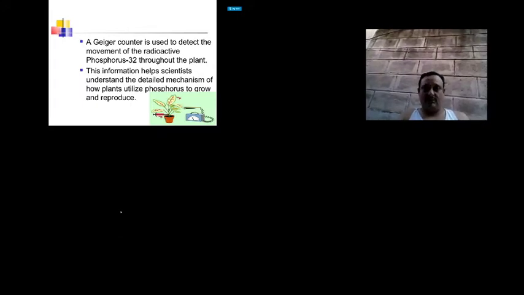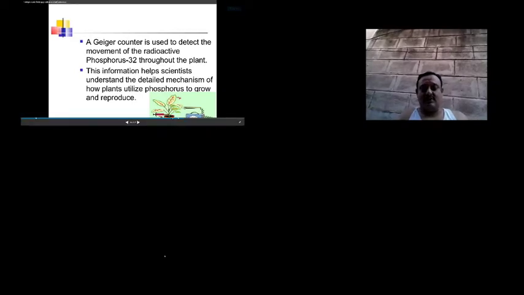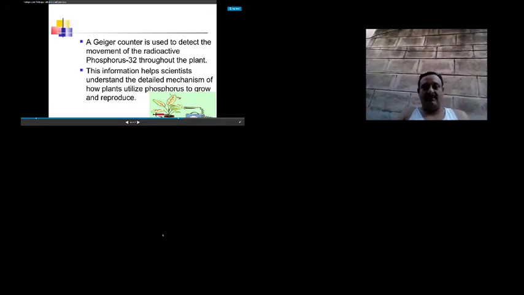Through the Geiger-Müller counter, we can detect the movement of the radioactive phosphorus-32 through the plant. The Geiger-Müller counter is one of the oldest techniques, and it is still used. The radiation emitted by the particular isotopes is captured by the Geiger-Müller counter.